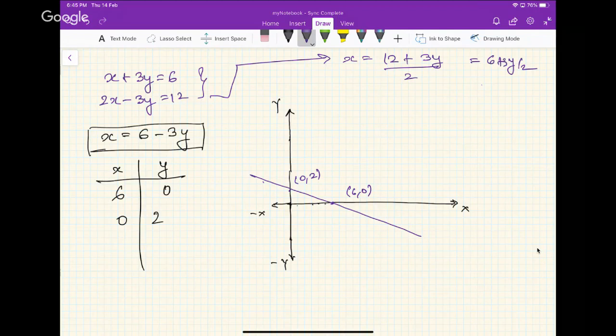Again you can plot this, let's say x and y. When y is 0, x is again 6. And when x is 0, y will be negative 12 by 3, so y will be negative 4.